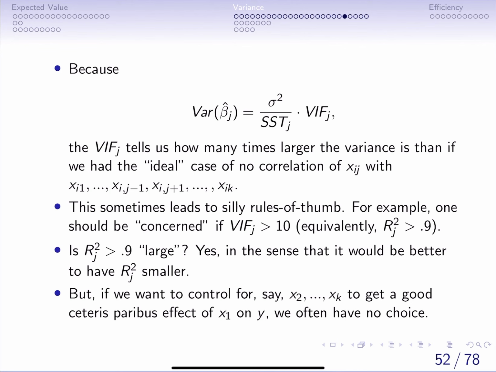Now, sometimes there are some rules of thumb that you should try to remember when you do your empirical projects. So when should we be concerned? What should be the value of the variance inflation factor when we start getting concerned?